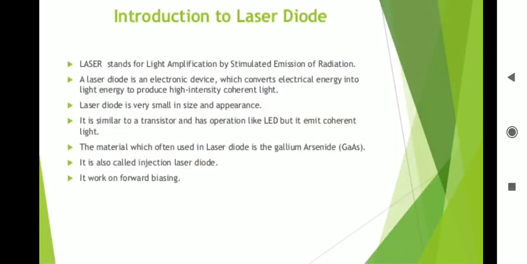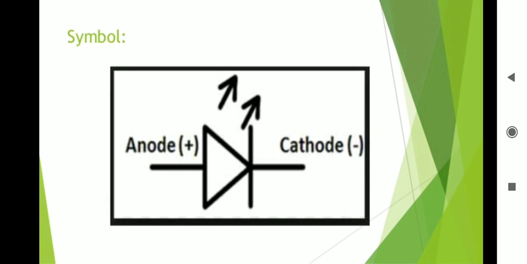The electromagnetic radiation covers the range from the ultraviolet region to the infrared region. The three basic steps in the generation of laser are absorption, spontaneous emission and stimulated emission.